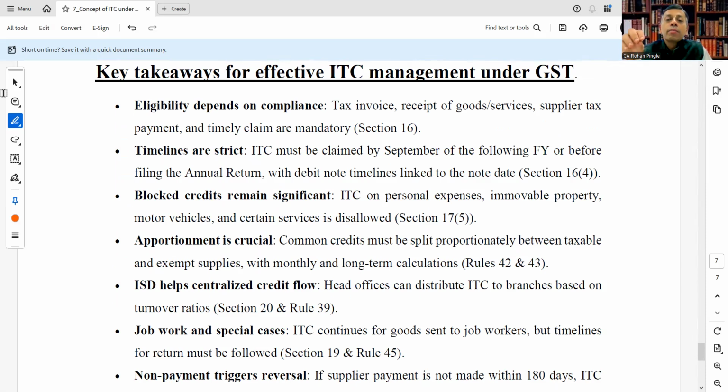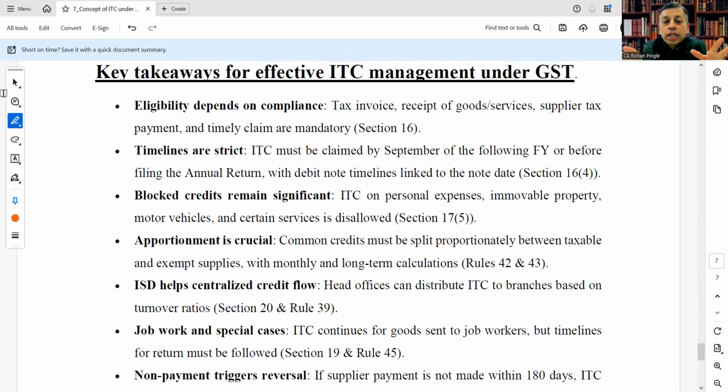ITC must be claimed by September of the following financial year or before filing the annual return, whichever is earlier, with debit note timelines linked to the note date, Section 16(4). Block credits remain significant. ITC on personal expenses, immovable property, motor vehicles, and certain services is disallowed. That is Section 17(5).